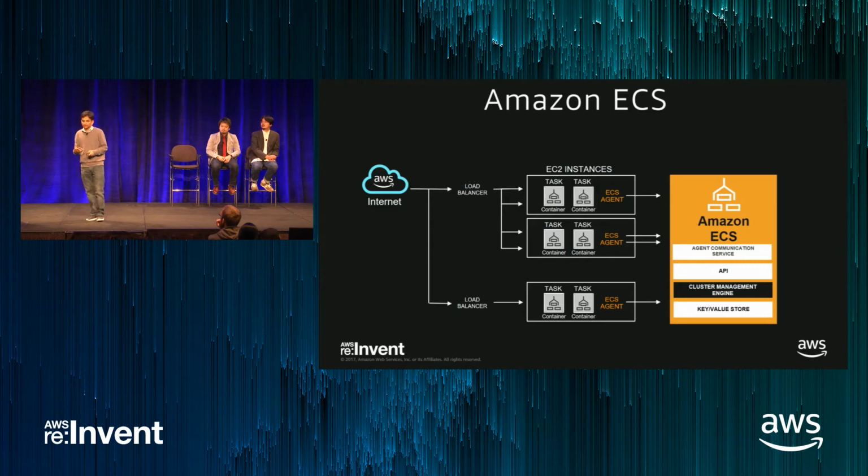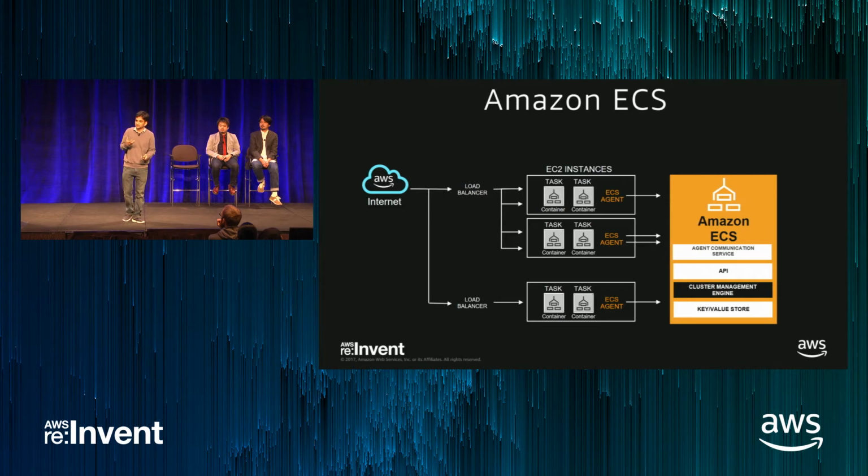So at Amazon, we built Amazon Elastic Container Service, which basically is a cluster management engine where we keep track of the state of your containers, what container is deployed where, what are the configurations for it, what are the parameters, how should it scale.